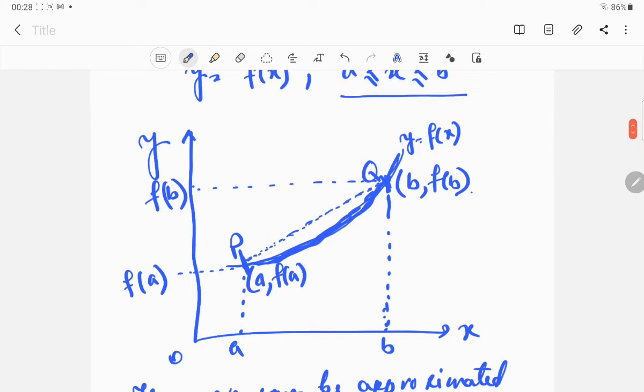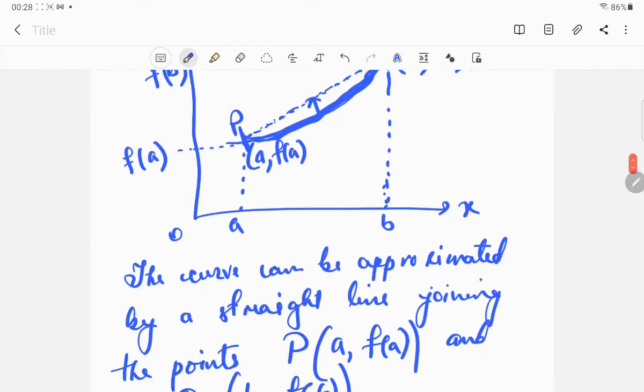So again I want to tell you that instead of considering this curve, we can consider a straight line. Considering a straight line is much easier than considering a curve. So we have just approximated. We are saying that this curve is approximately this straight line. We are not saying equal.